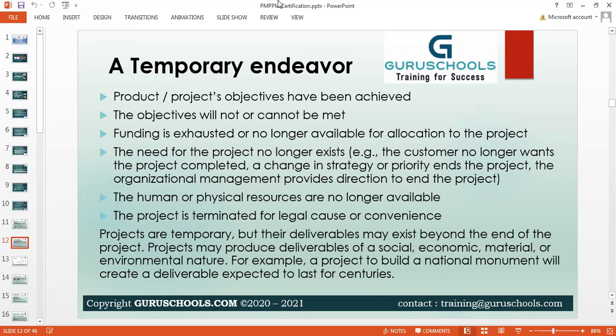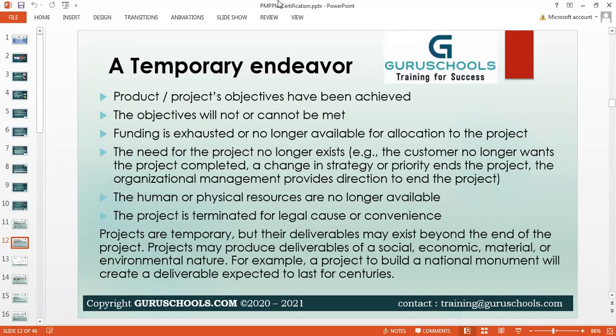So projects are temporary, but their deliverables may exist beyond the end of the project, right? We create a product. I'm creating pencils, which can be there for years, but I have created, let's say, 10,000 pencils in 10 days. Projects may produce deliverables of a social, economic, material or environmental nature, right?